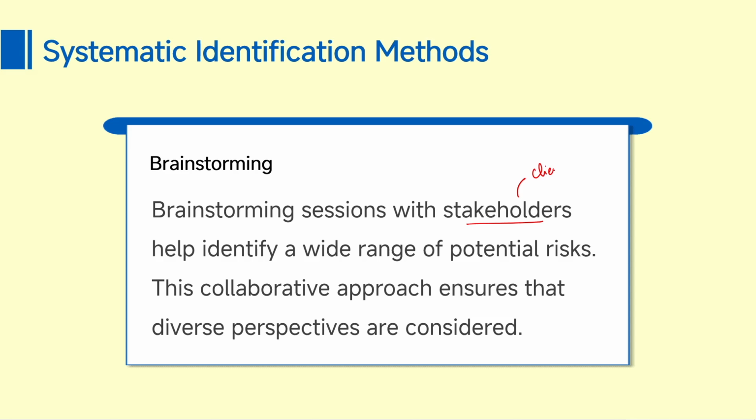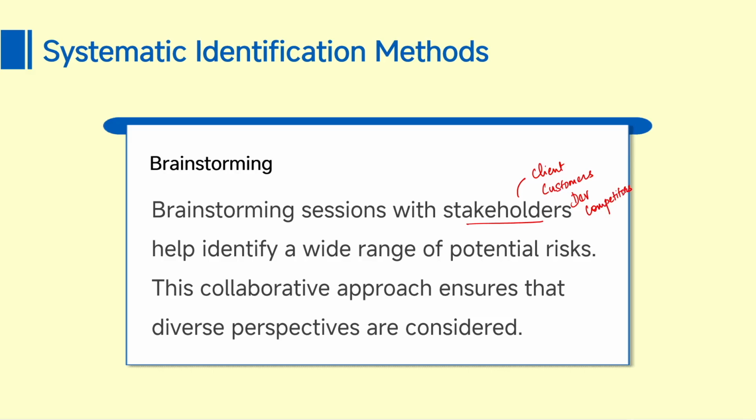So there will be a brainstorming session to identify what could be the potential risk within the software development. This approach will try to identify various perspectives of different kinds of people. Stakeholders, as I said, you can have clients, you can have customers who are going to use that corresponding project, and other developers and competitors, as I said, if they are okay.